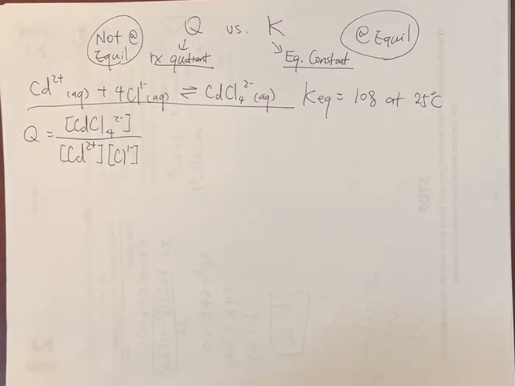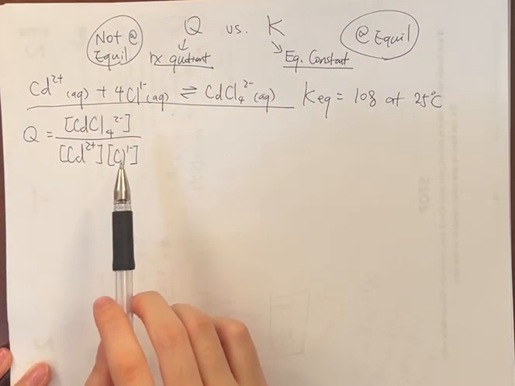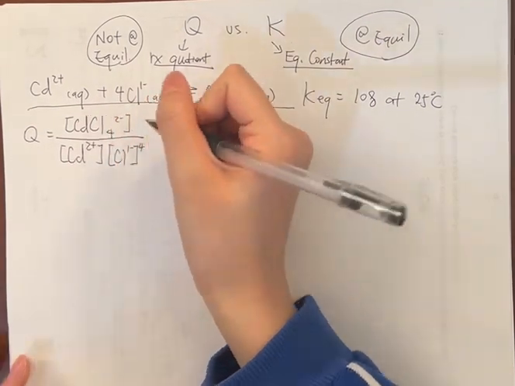I have a lot of students every year who miss this question because they thought, oh, you have to add the concentrations of the reactants or products together. It doesn't work that way. Okay, I forgot one thing: the concentration of Cl, you have to raise to the fourth power. Why?